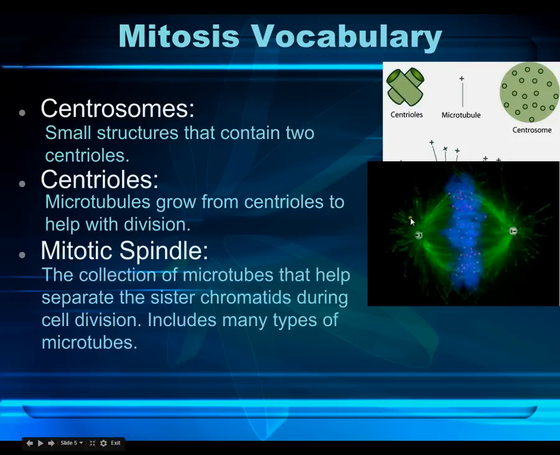And all of this green is the mitotic spindle. That's the name for all of this mess, because it's like a mass of microtubules growing out of the centrosome. And as they grow towards the chromosomes, they attach to the centrosomes. We're going to talk a little bit more about that as we go through mitosis, but I am going to reference the centrioles and the mitotic spindle. So that's what I'm talking about there.